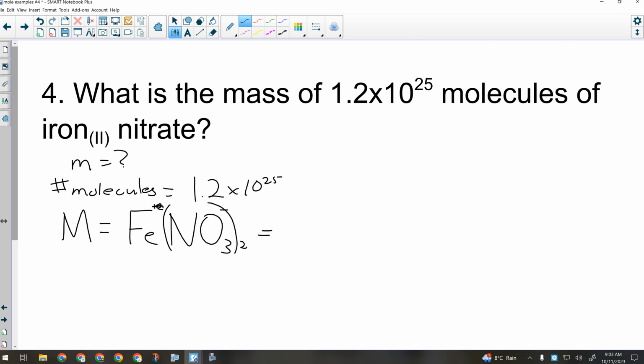So we've got 55.85, that's our iron, plus how many nitrogens? 2. So 14.01 times 2. And how many oxygens? 6.